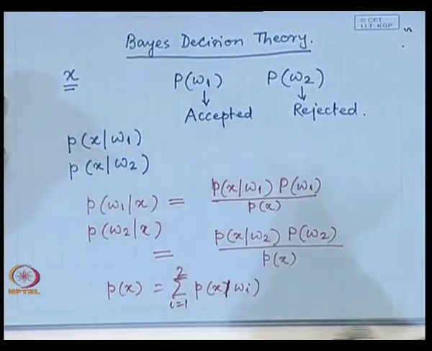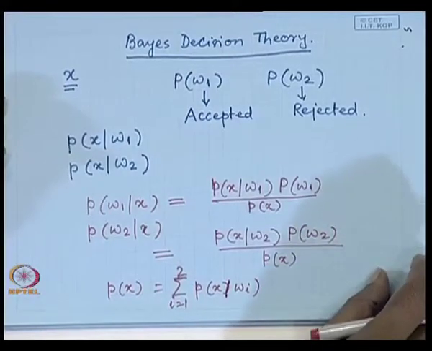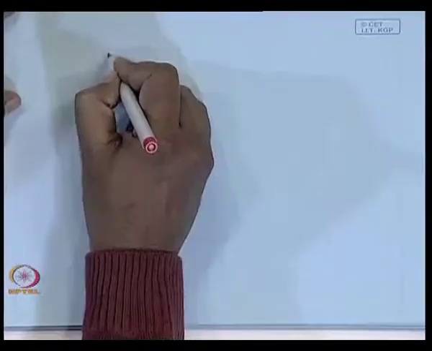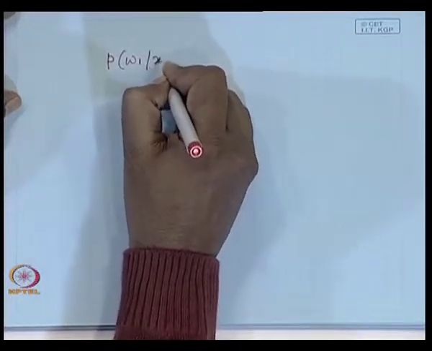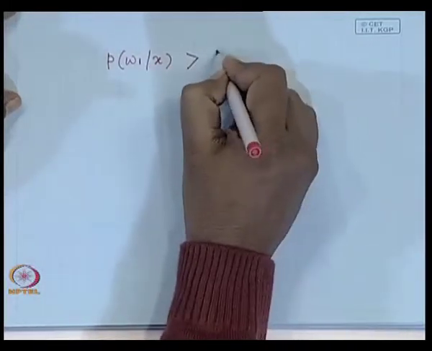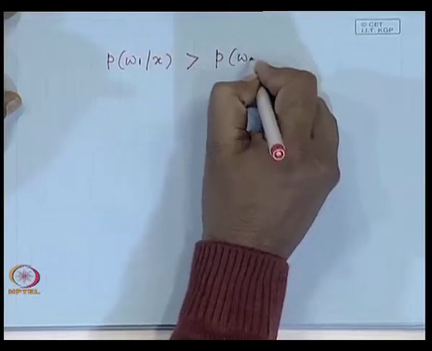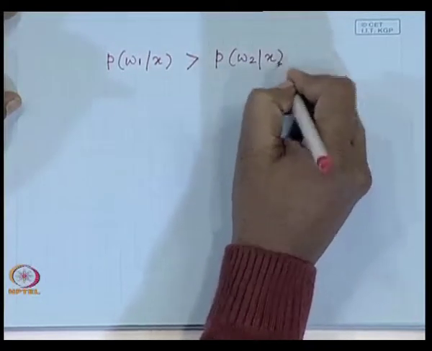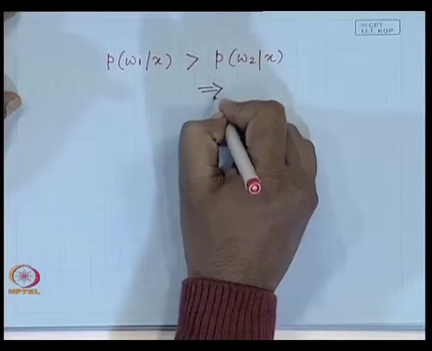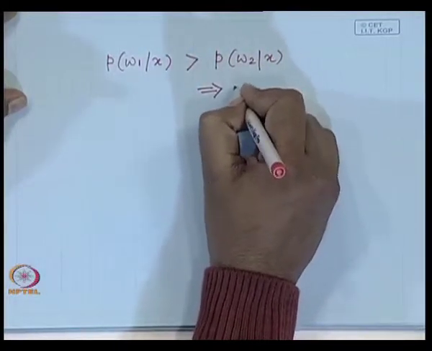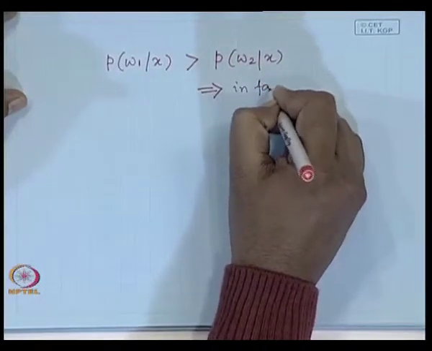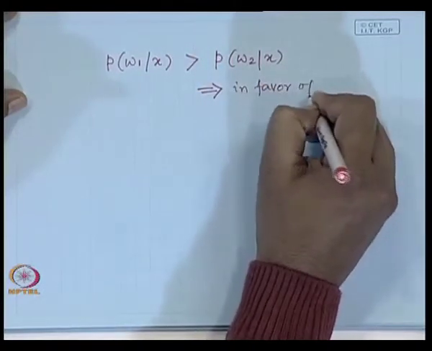So, this is what we get from Bayes rule, and then our decision was like this: if P of omega 1 given x is greater than P of omega 2 given x, then we decide in favor of class omega 1.